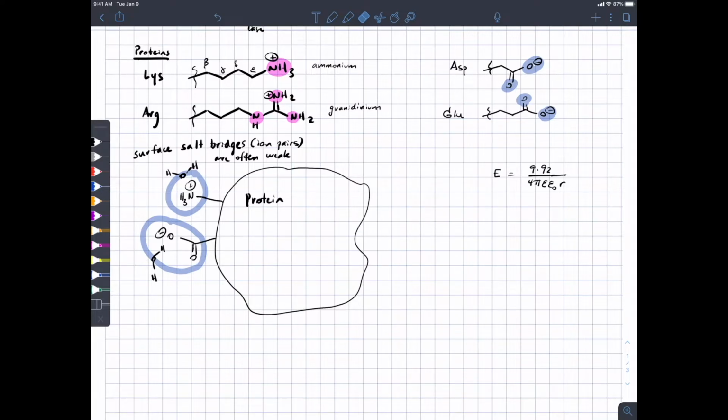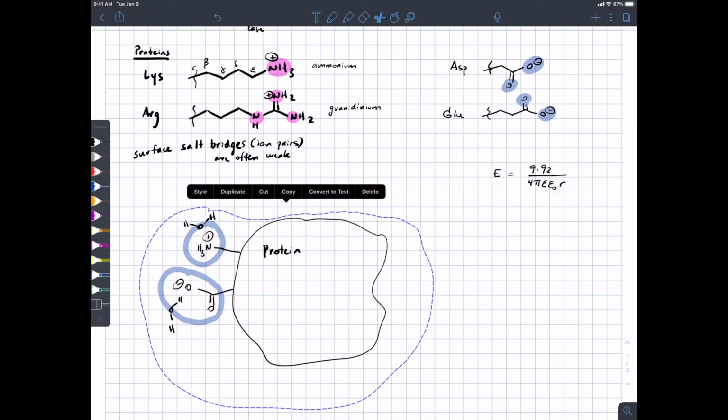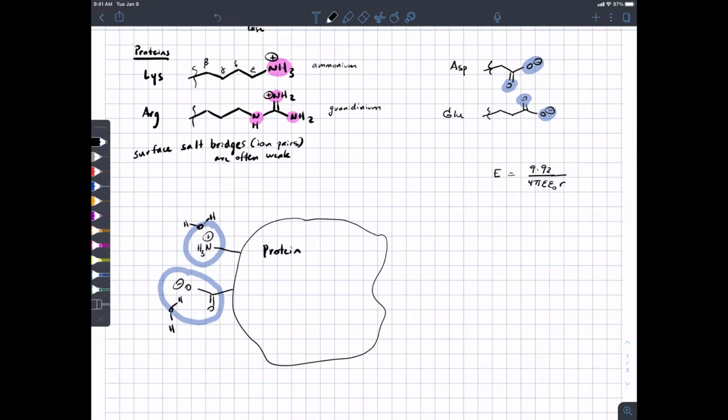So if you know anything about protein folding, you know that the surface of the protein tends to have polar groups on it, whereas the interior tends to be nonpolar. And in fact, we'll talk about how the hydrophobic effect leads to a protein burying its nonpolar groups so that they're not exposed to water.